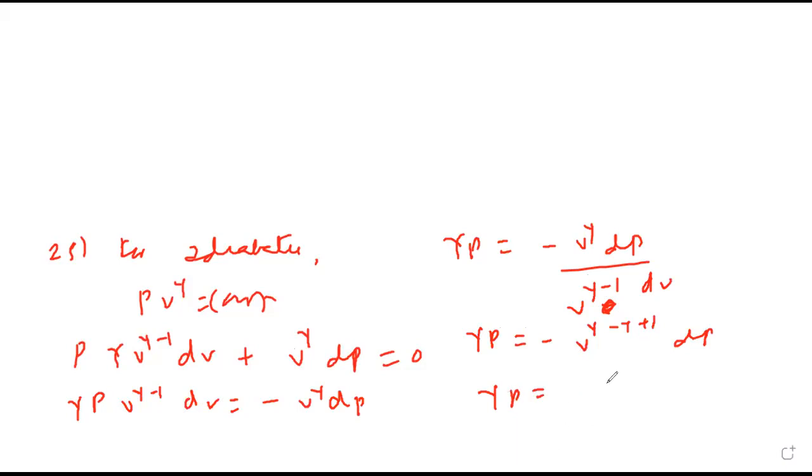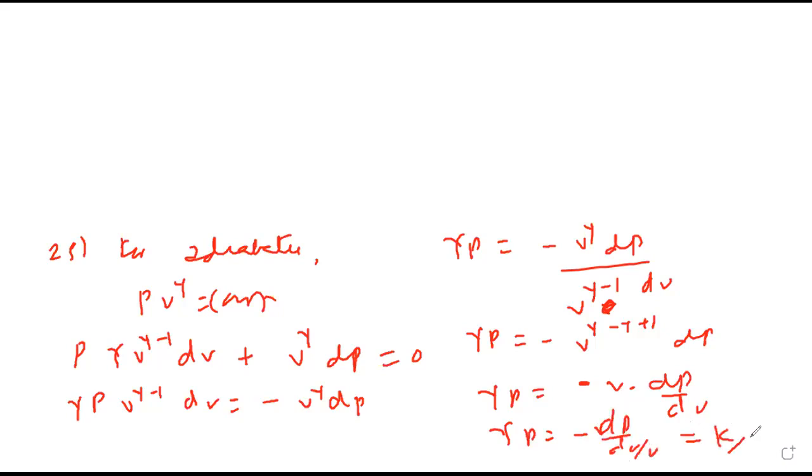So gamma P equals minus V into dP upon dV.